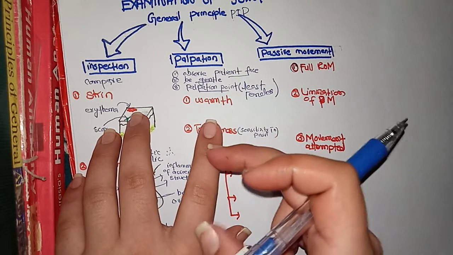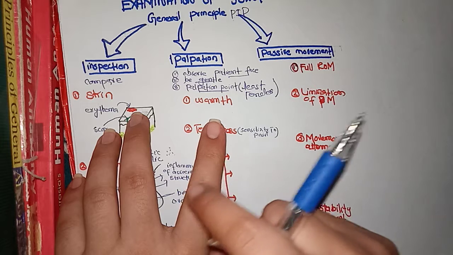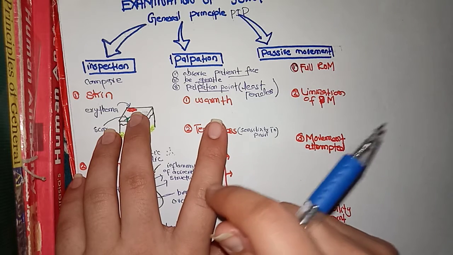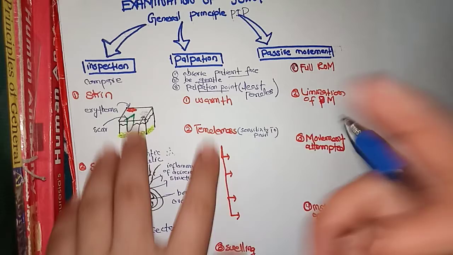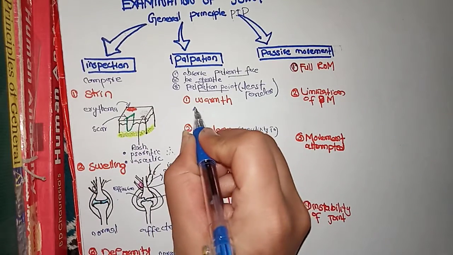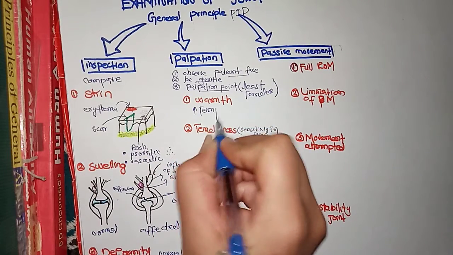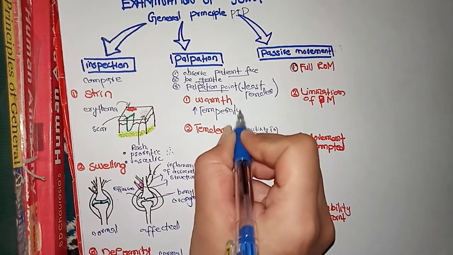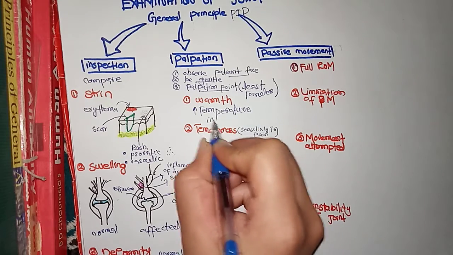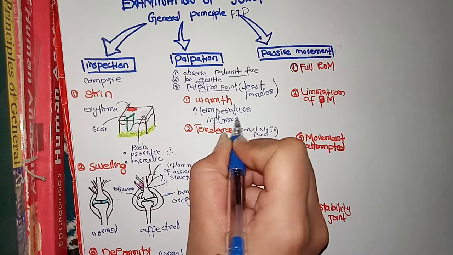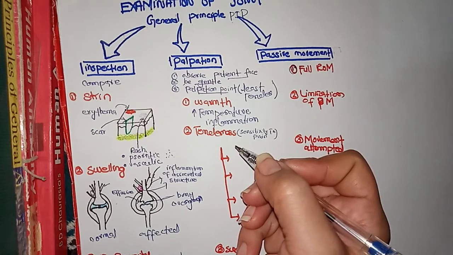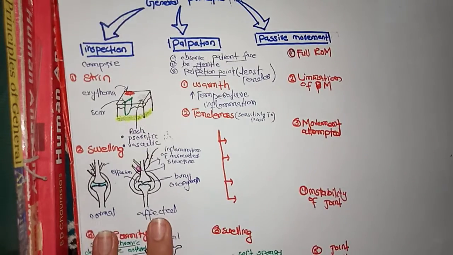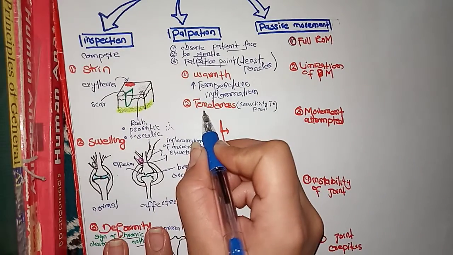The temperature of these areas is normal, but the temperature of the surface covering the PIP joint is increased. This indicates some kind of inflammation. Inflammation may occur in any kind of joint disease such as rheumatoid arthritis, osteoarthritis, gout.